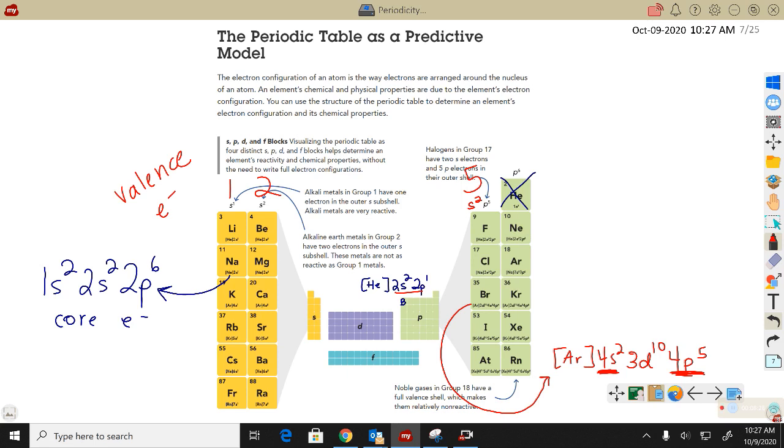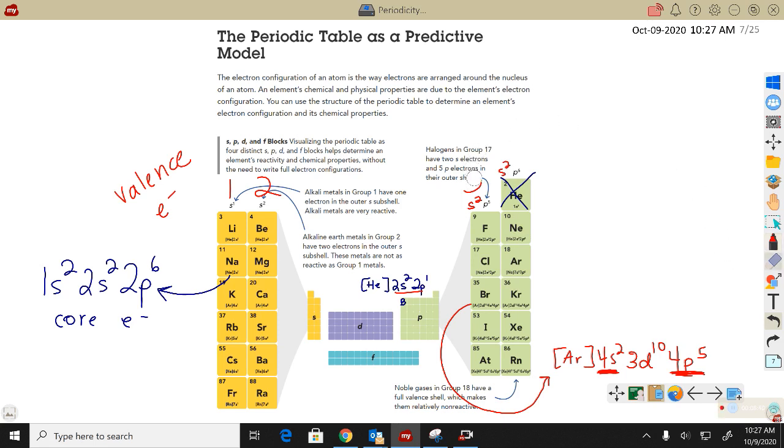And so when you get through the d block, the d block will never be counted as valence electrons because they're always one energy level lower. But there are a total of 5 still. And same thing, when we get over to the noble gases, it's always going to be something s2. Whoopsies. Did you catch my mistake?